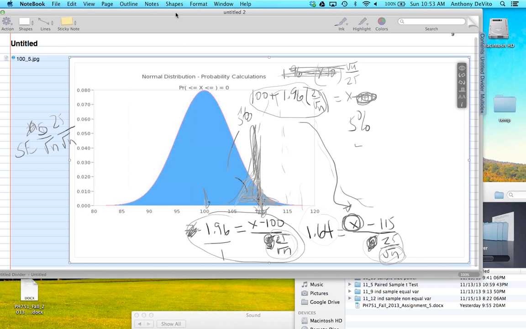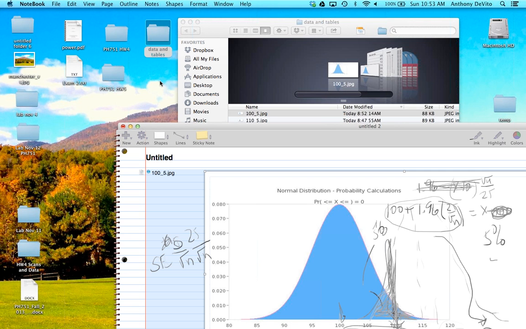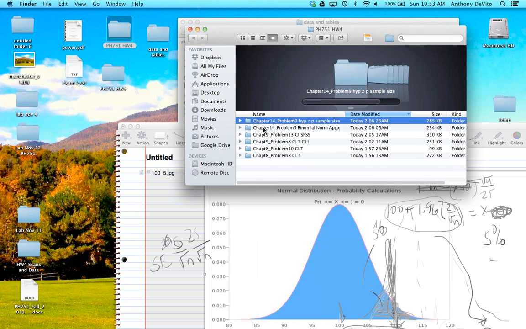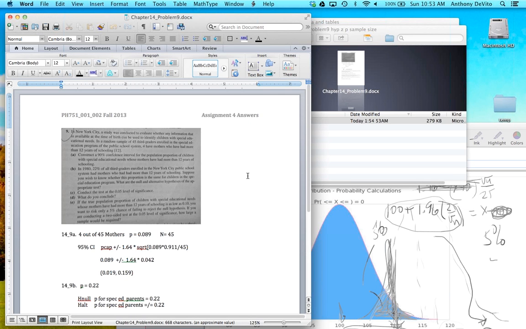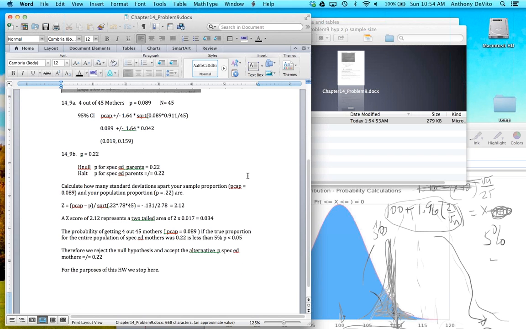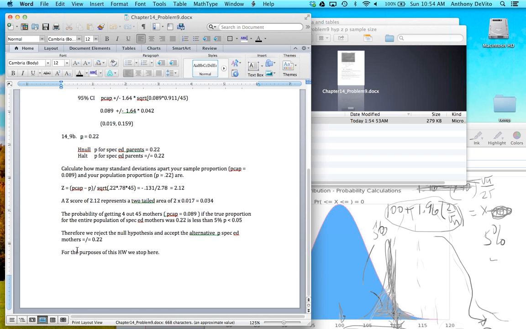I think we have a worked out version of this in one of the problems. Let me see. I stopped here because it was homework. I think on Blackboard right now, there is a worked out version of this sample size calculation.